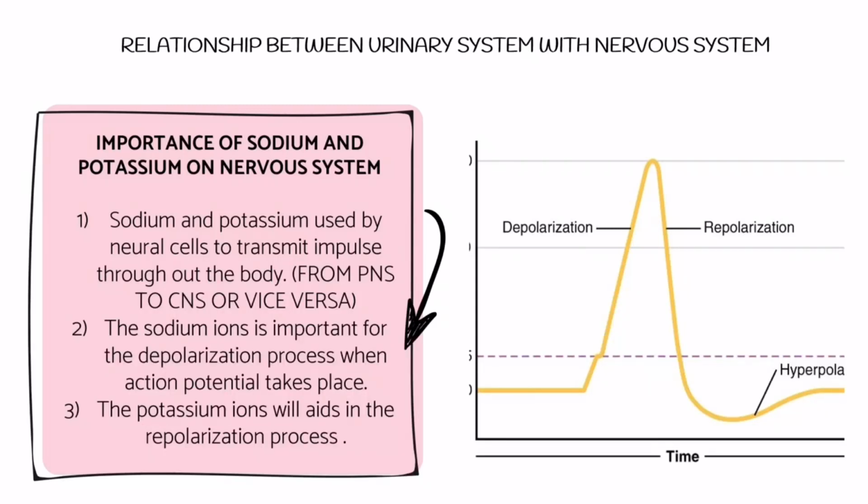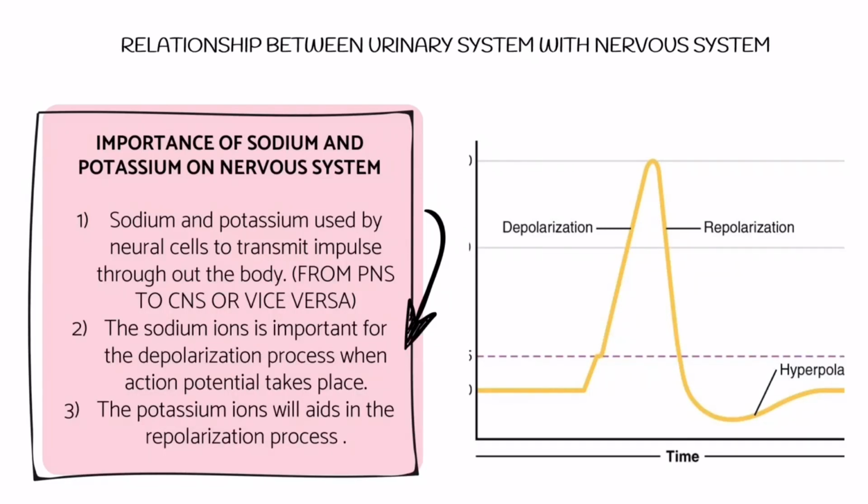When the neuron gets excited by any stimulus and achieves the threshold voltage, this initiates the influx of sodium ions into the cells that causes the depolarization process to occur.